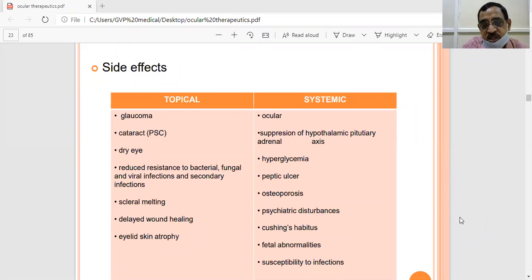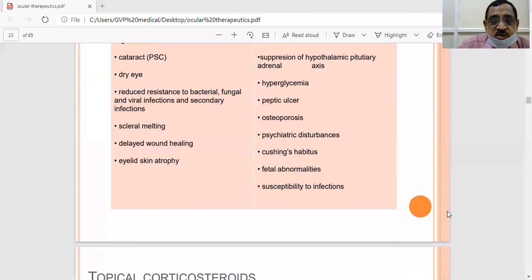Osteoporosis is precipitated. Psychiatric disturbances are seen. Cushing's habitus, the people become very bulky. And fetal abnormalities can also occur if it is given to pregnant women. And these people are susceptible to secondary infections. So these are the systemic side effects of the corticosteroids.